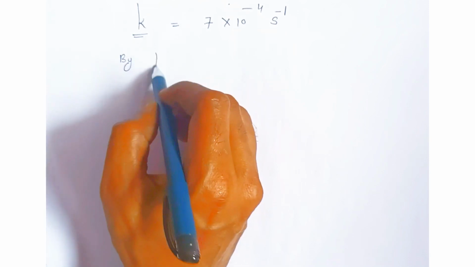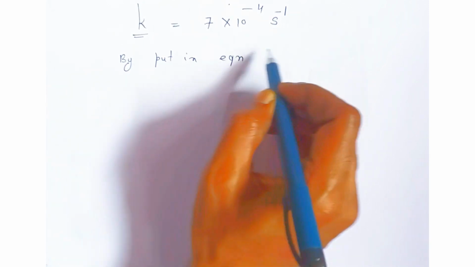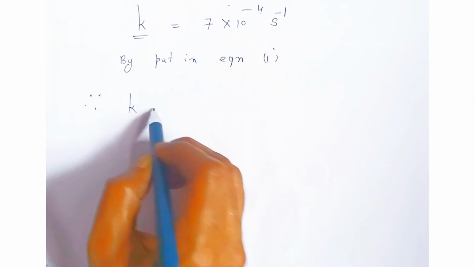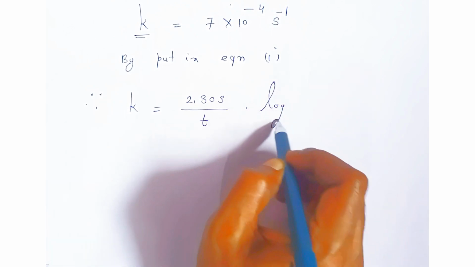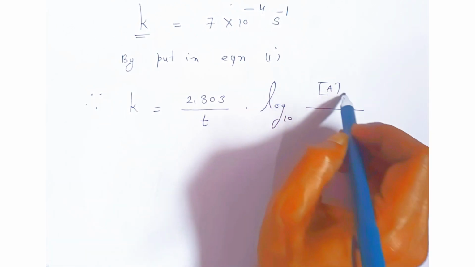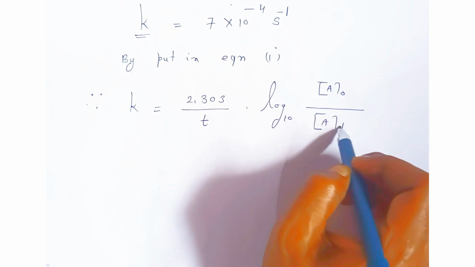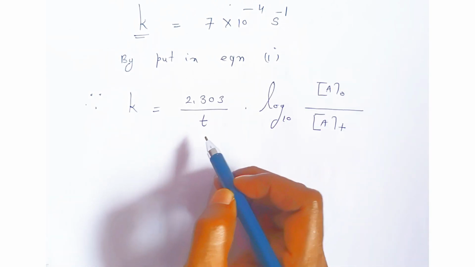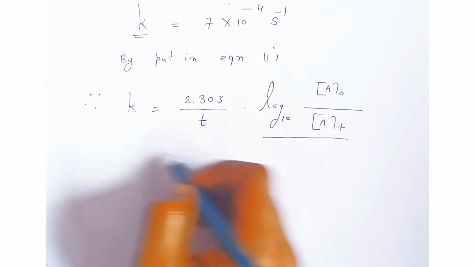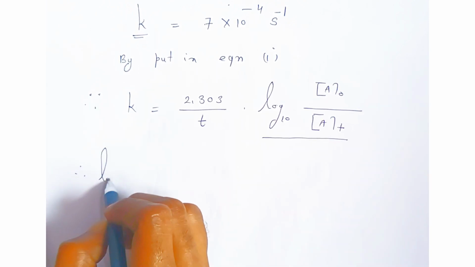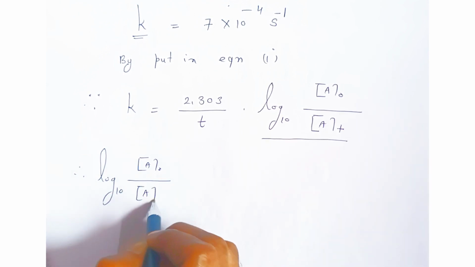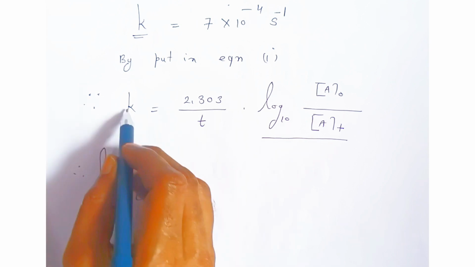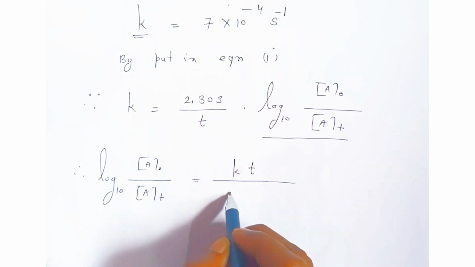Since k is nothing but 2.303 upon t into log of base 10 of initial concentration of A upon concentration of A at time t, when 2.303 upon t comes to this side, it will multiply, so it becomes k into t upon 2.303.